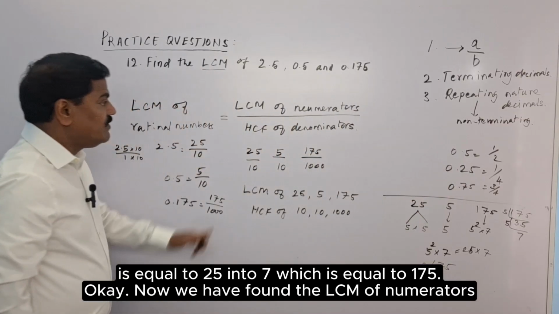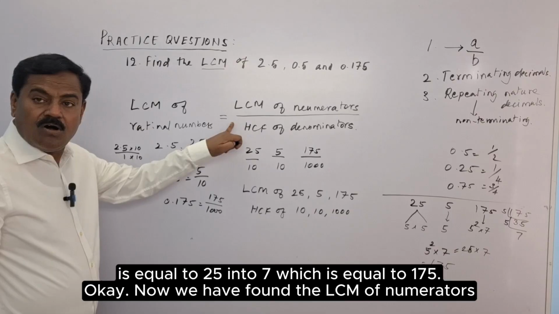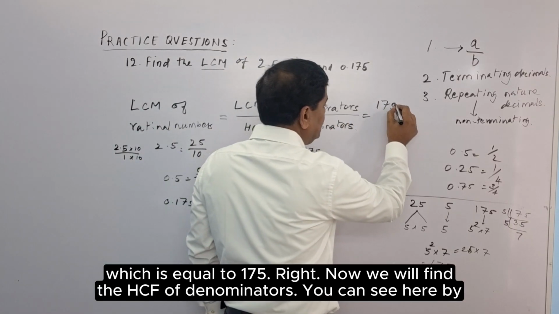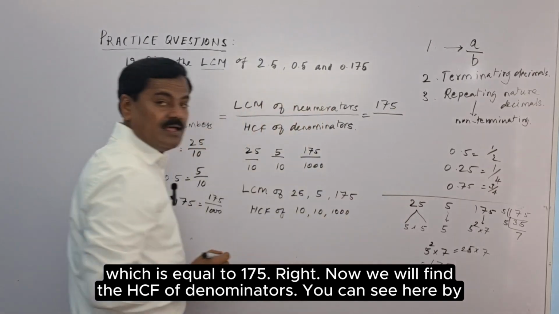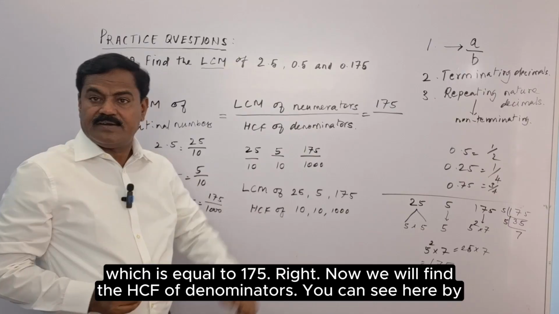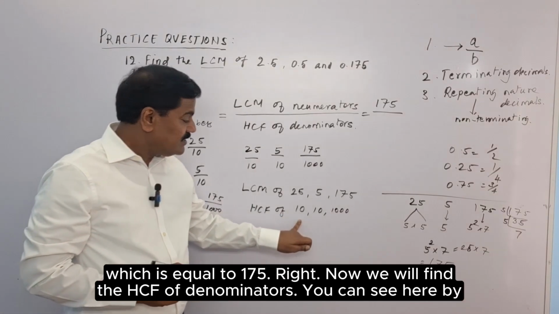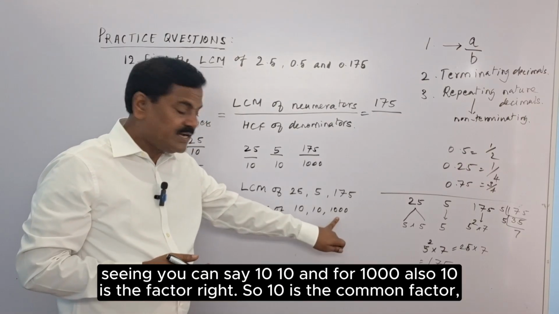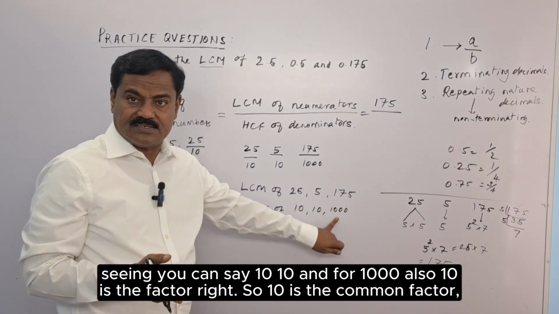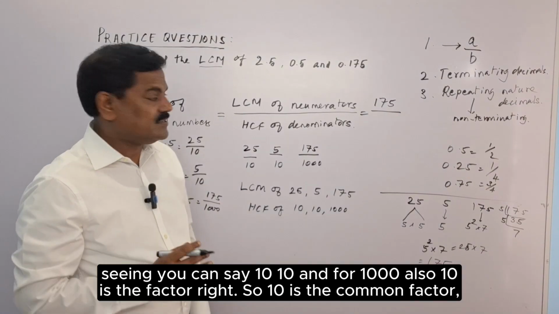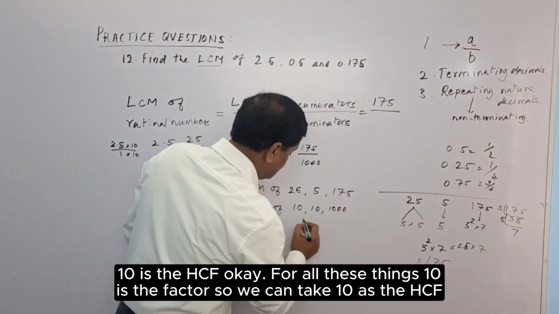Okay, now we have found the LCM of numerators, which is equal to 175. Now we will find the HCF of denominators. You can see here, 10, 10, and for 1000 also 10 is a factor, right? So 10 is the common factor, 10 is the HCF.